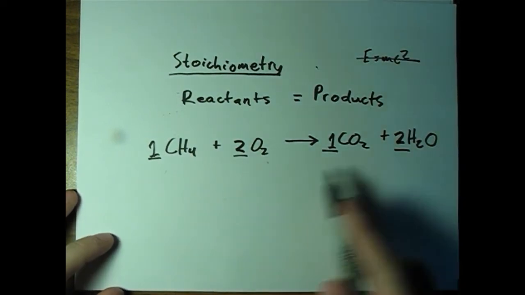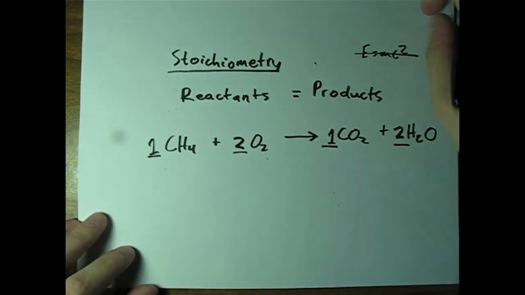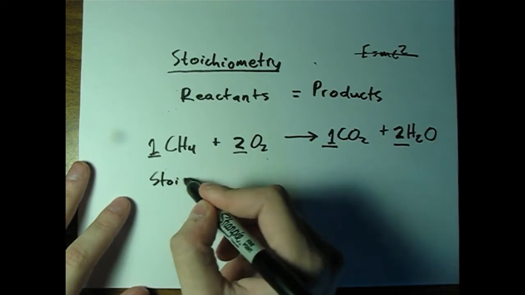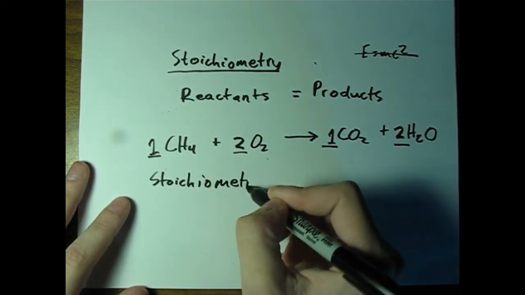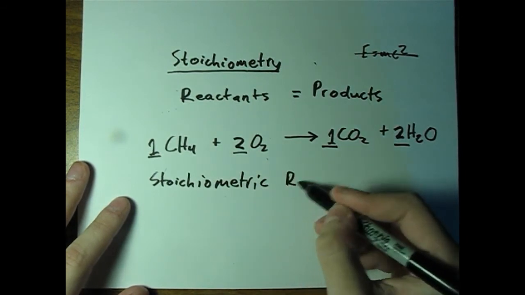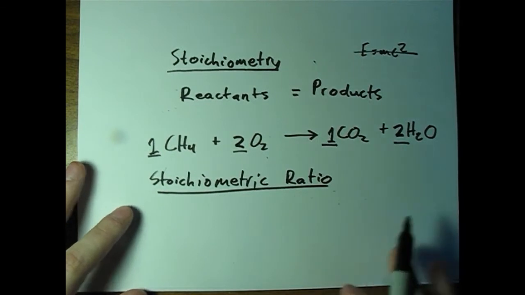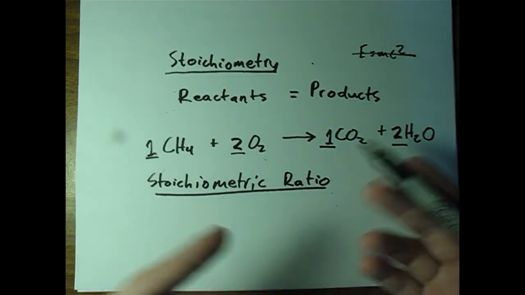Now, what is stoichiometry? Well, it's basically the ratio of these coefficients in a reaction. So a stoichiometric ratio is the ratio of one reactant to another, or product.